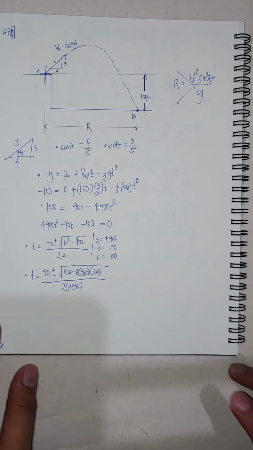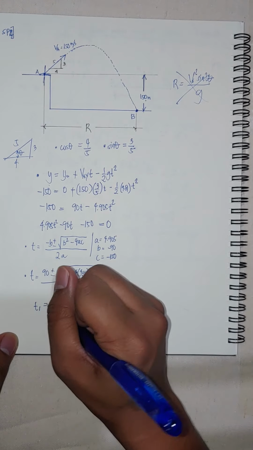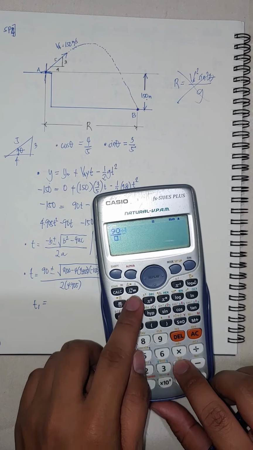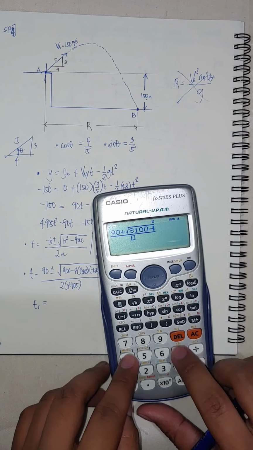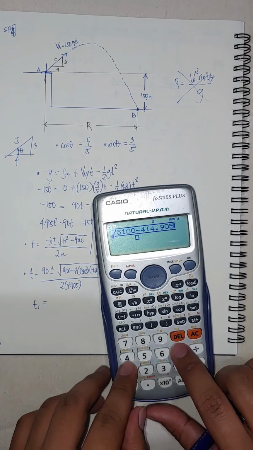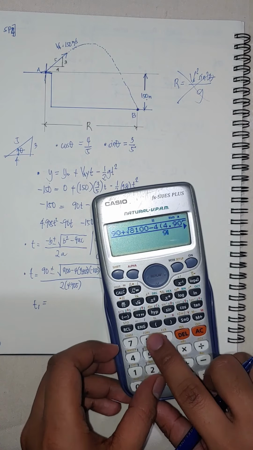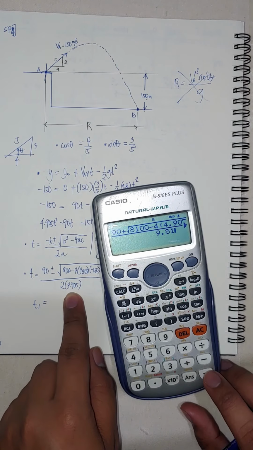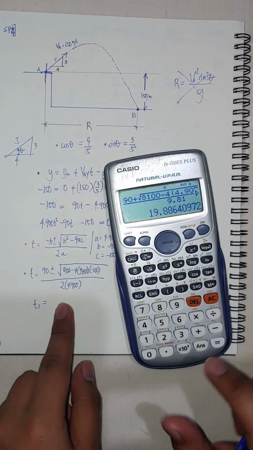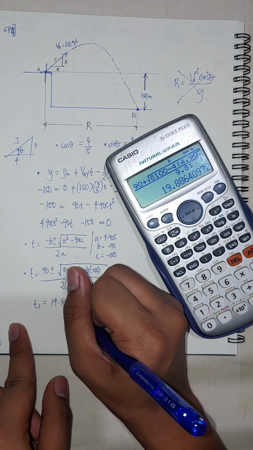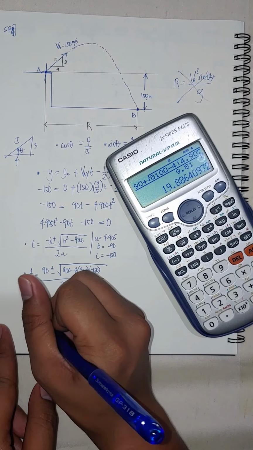Solving this one, we have two roots. Our first one is 90 plus the square root of 8100 minus 4 times 4.905 times negative 150, all over 9.81, which is 2 times 4.905. The first root is 19.8864 seconds.